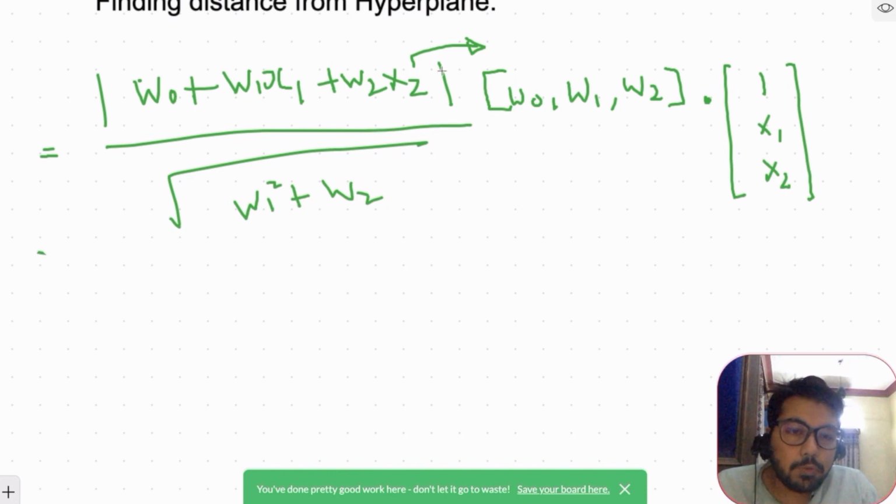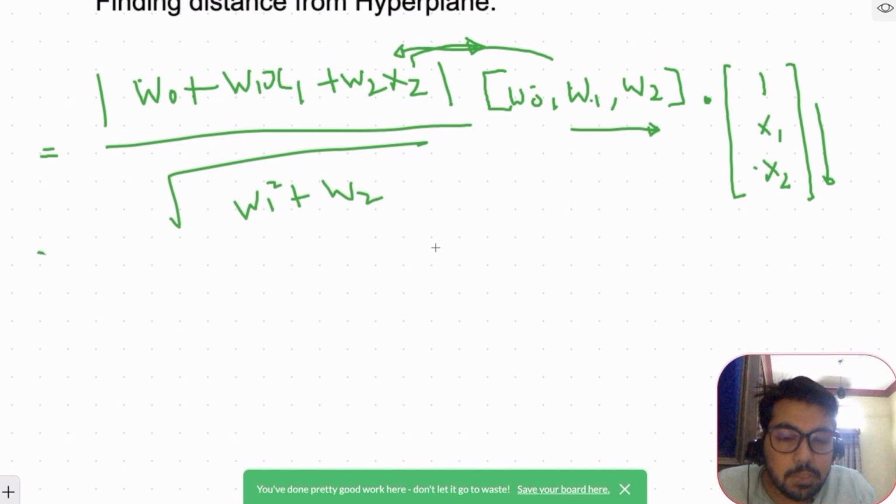Because the dot product is element wise multiplication, w0 goes with the 1, w1 goes with x1, and w2 goes with x2. So it results in the same equation. As there can be more than 2 features, there can be more than 3 weights available here.